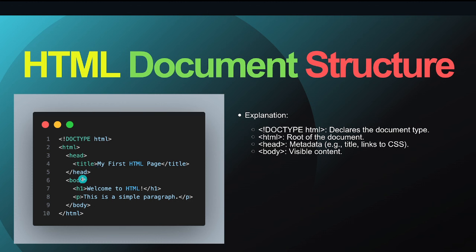After the head, we have the body tag, and in the body tag we have our headline h1, Welcome to HTML, and then a paragraph. This is a simple paragraph, and then we end our body, and then we end our HTML document. So this is the basic document structure of any HTML web page.